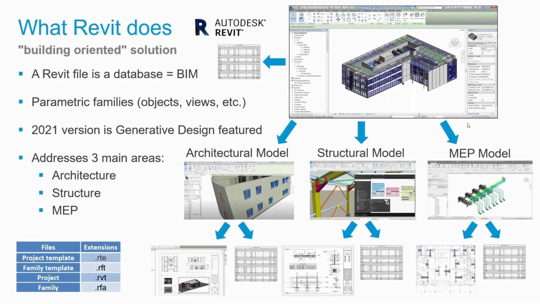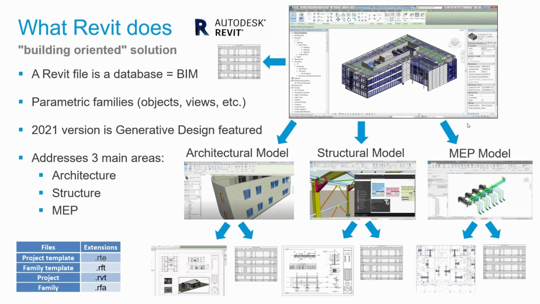If you move to the next slide, you can see now what Revit does, and same here, it's really in a nutshell, because Revit does a lot. It's just to tell some of you who don't really know Revit that Revit is a building-oriented solution. So it's mainly for building at the beginning. However, now we can do a lot with Revit.